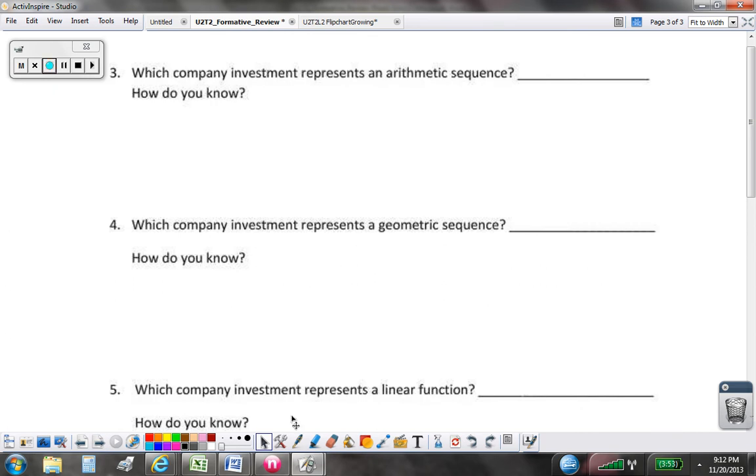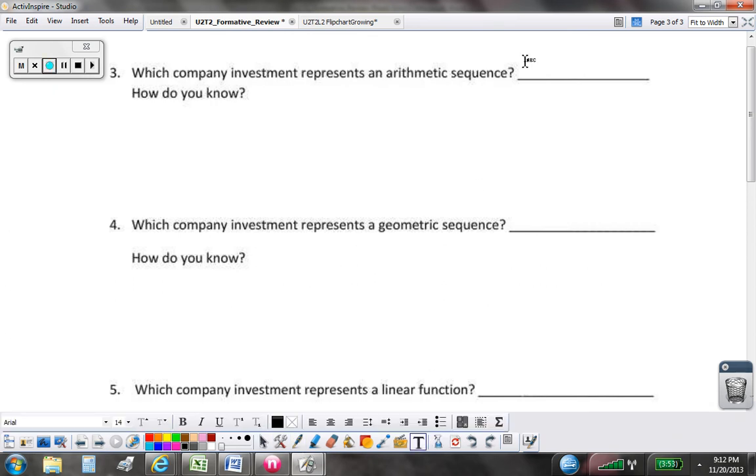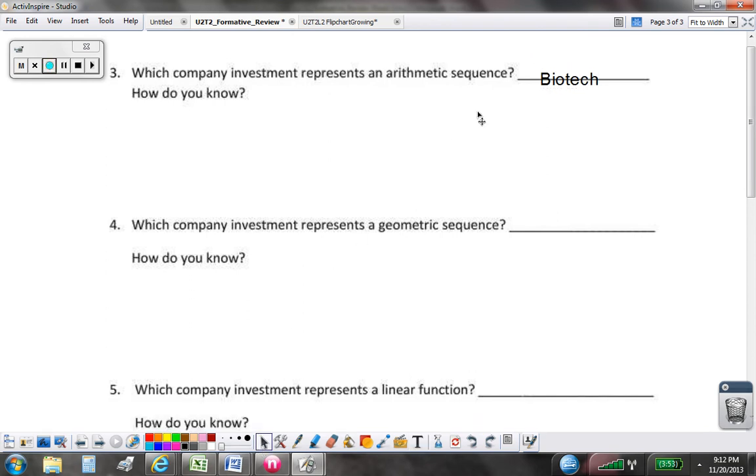How do you know? Well, first of all, Biotech. Now how do we know that that is an arithmetic sequence?